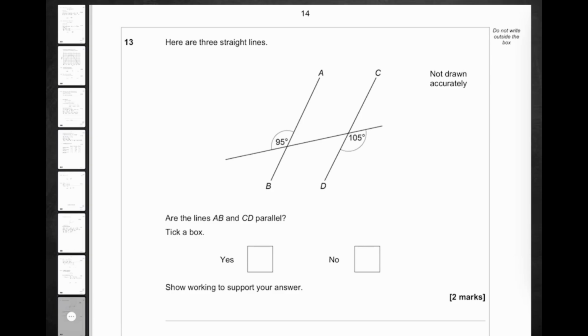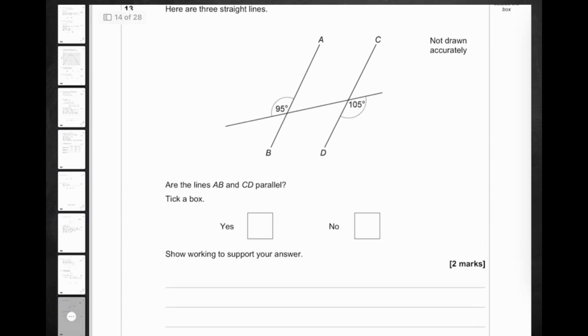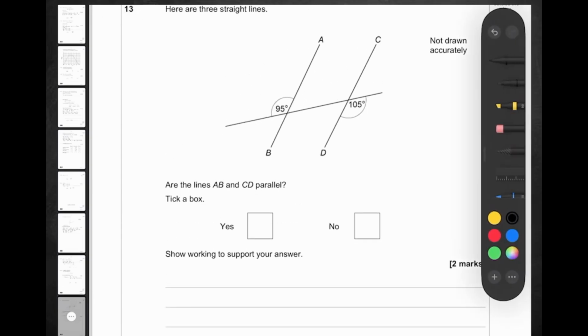Question 13. Here are straight lines. Are lines AB and CD parallel? Tick a box. Right, well, for them to be parallel, the angle here must equal the angle here.